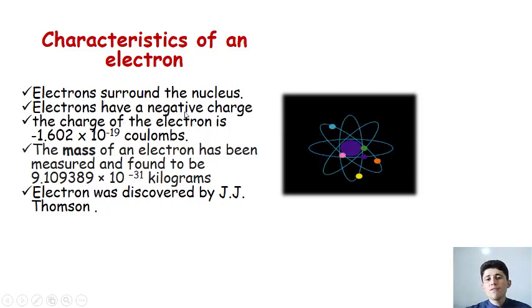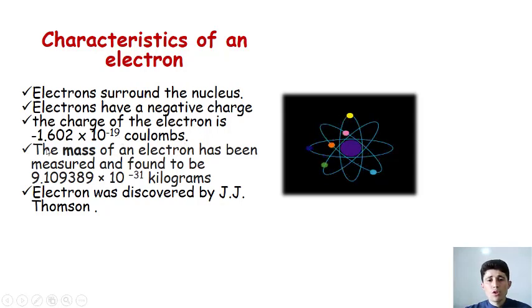Electrons have a negative charge. Never forget this. Keep it in your mind that an electron is a particle with negative charge. And also the charge of the electron is about minus 1.602 times 10 to the power of negative 19 coulombs.